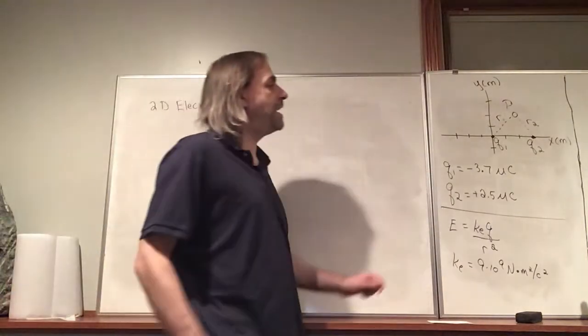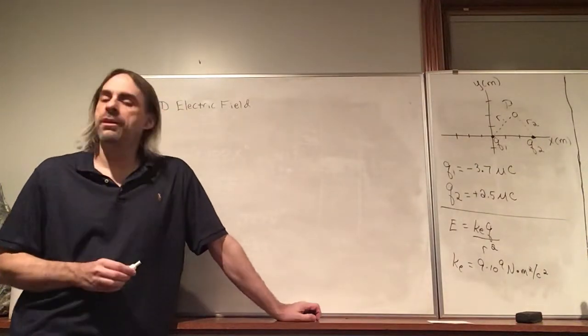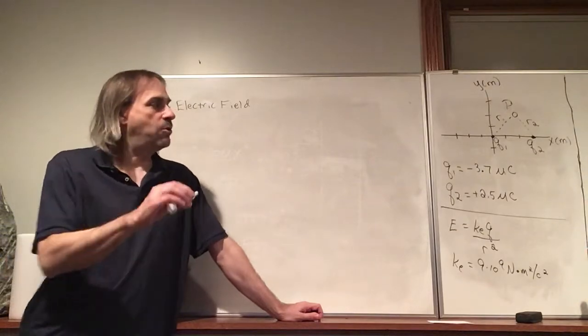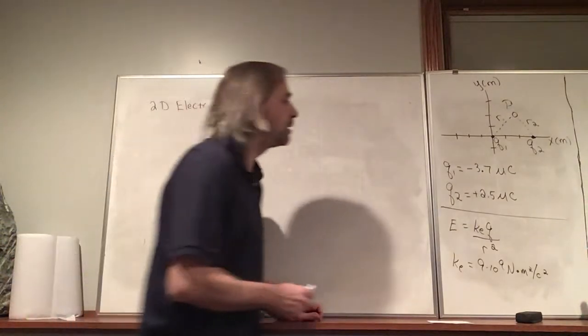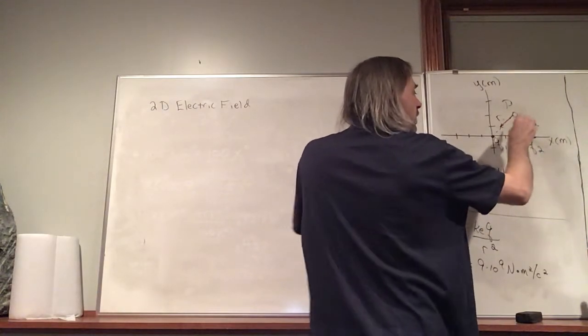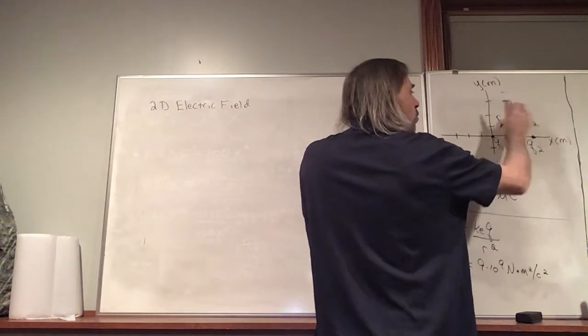Q1 is a negative charge. Remember, to figure out the direction of the electric field at some point P, you start at that point P and you go towards negative charges and away from positive charges. So we'll call this E1. E1 points towards Q1.